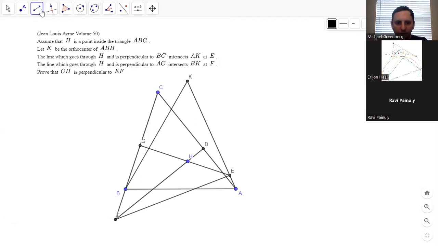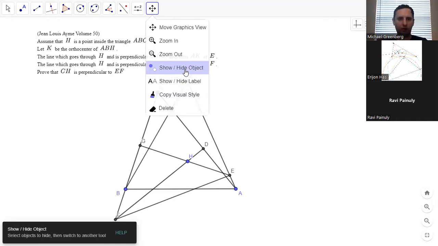Okay, so K is the orthocenter of ABH. We want to show CH is perpendicular to EF. Something feels weird about this. Yeah, I didn't draw this right. F is supposed to lie on BK.